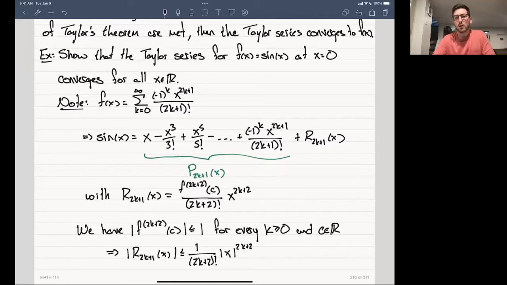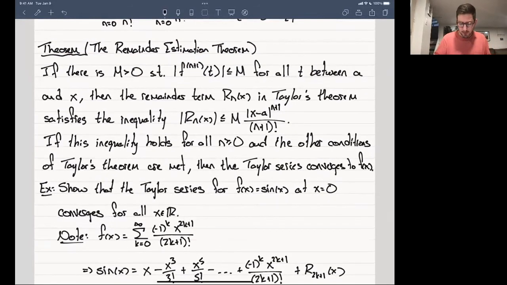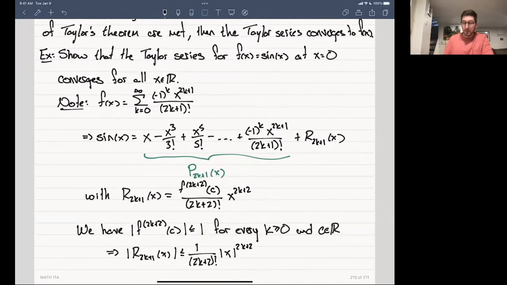And so from the remainder estimation theorem, we know that the Taylor series is going to converge everywhere because we're able to bound the derivative in the remainder term, regardless of the value of c and x. So it works for everything. Therefore, this Taylor series converges everywhere.